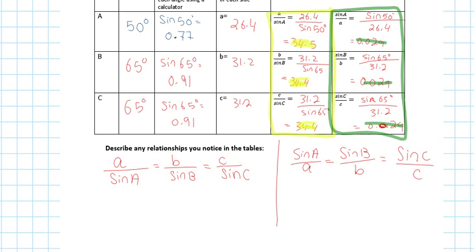Do you guys see that? So these are two different formulas that we can use. If I know three pieces of information, I can find the fourth one. Okay? So let's look at the lesson.